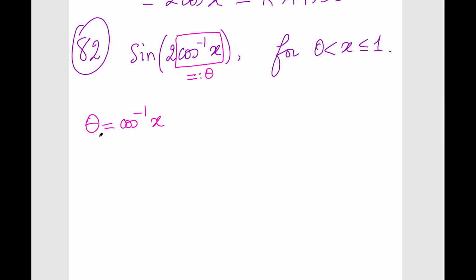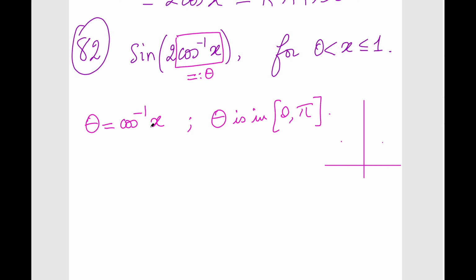What's the range of cosine inverse? It's 0 to pi, right? If you recall that. So theta is in 0 to pi, so it's either in the first or second quadrant. Okay, that's it.